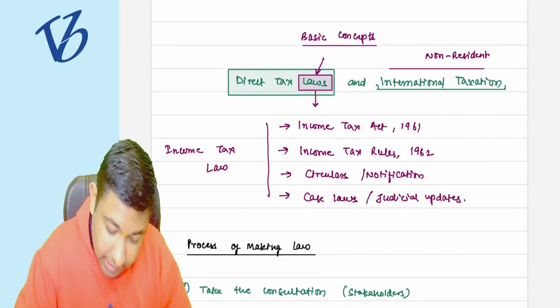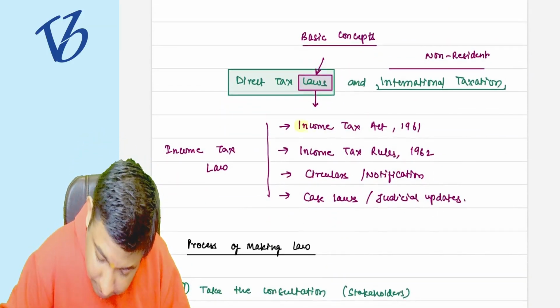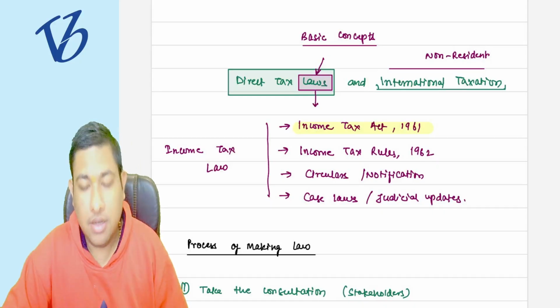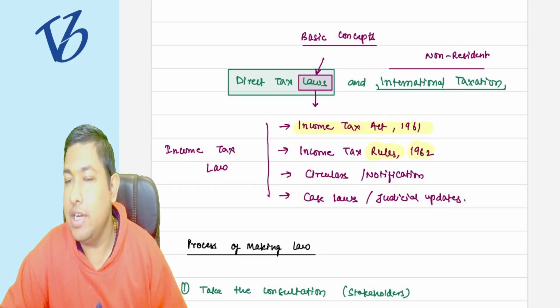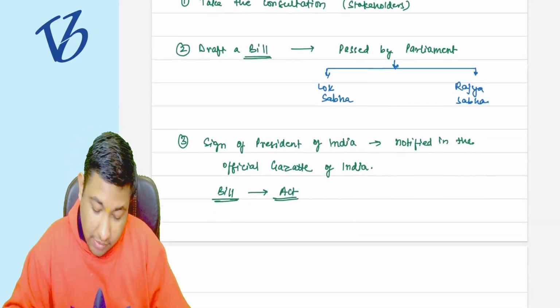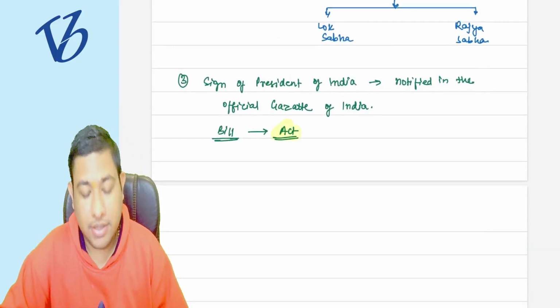Now, what we have said is that first is the Income Tax Act. Now, what is the need of income tax rules? See, we have made the act till now.